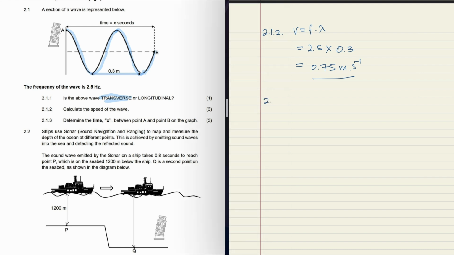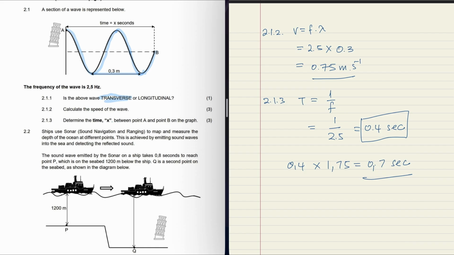We can say that the period is equal to 1 over F, 1 over 2.5, which is equal to 0.4 seconds. Now, as we said, there's 1 3/4 waves, so we're simply going to say 0.4 times 1.75, and that's equal to 0.7 seconds. And the reason why this works is because, remember, the period is the time taken for one wave. So 0.4 seconds for one wave, that means 0.4 times 1.75 for 1.75 waves.